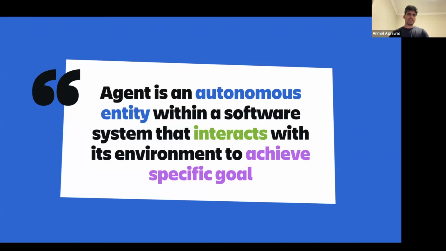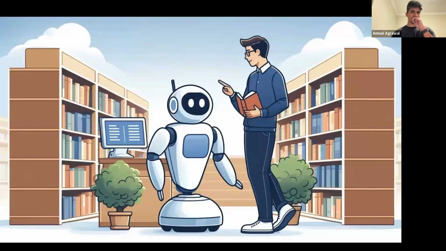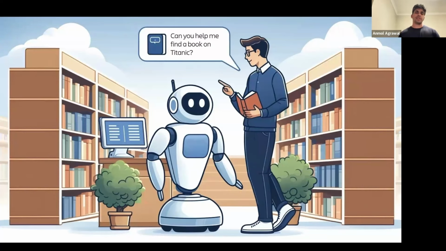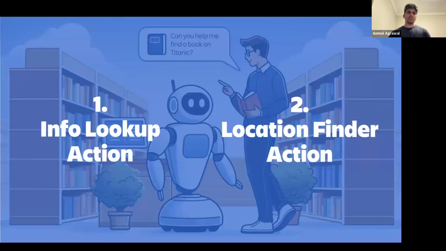So let's try to understand how all these are tied together with an example. Imagine you walk into a library that has a helpful robot named Libby. And Libby is designed to assist you with various tasks related to providing information and finding books in the library. Now, let's say I walk into this library and I ask Libby to help me find books on Titanic. Let's say Libby is capable of a couple of actions.